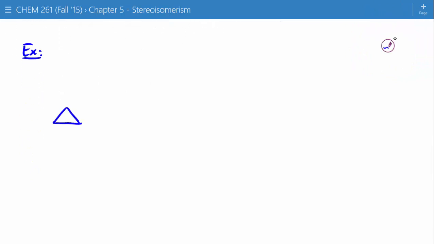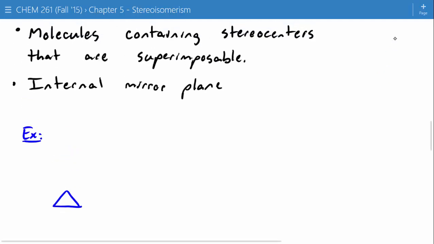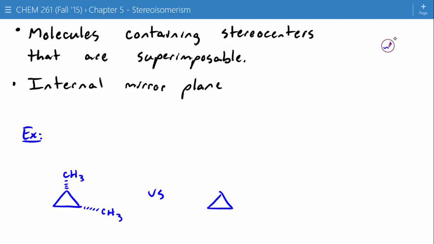I'll draw a cyclopropane, and I'm going to put a CH3 group here, and a CH3 group here, and I'm going to compare that to this molecule where our CH3 group is a wedge, and this CH3 group is a wedge.